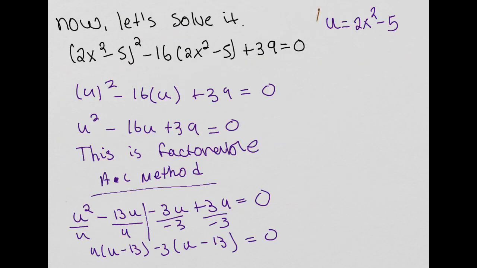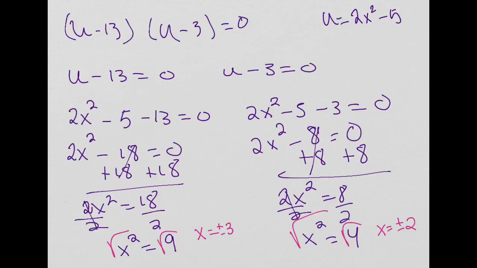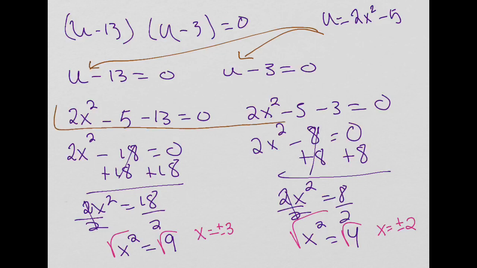And the key part is knowing what you're going to substitute u for. Once we do that, we substitute it. Then we factor it using the AC method. We move on to the next page. Then we factor it and then substitute back u. Okay, that's what we did in this step right here. And then we simply solve it using the square root method.